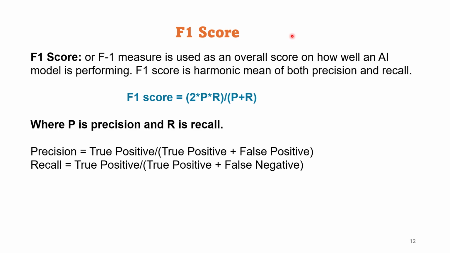F1 score is used as an overall score on how well a model is performing or how well a model retrieves relevant results. F1 score is the harmonic mean, that is 2 multiplied by precision times recall divided by the sum of precision and recall. And what precision and recall are, we have already seen in the previous slides.